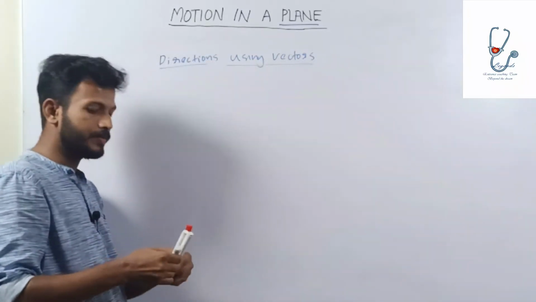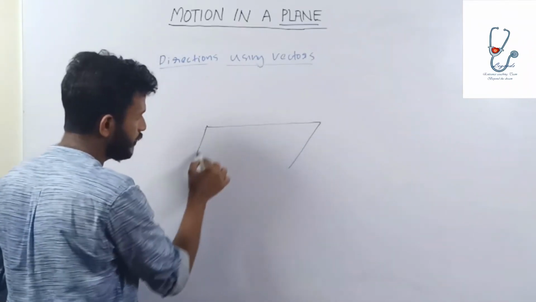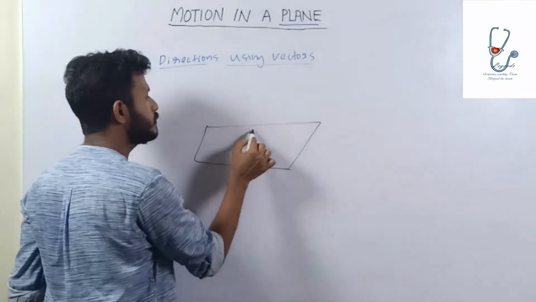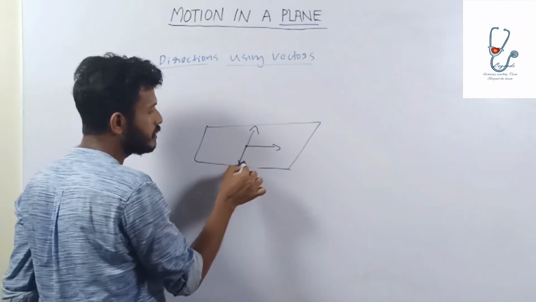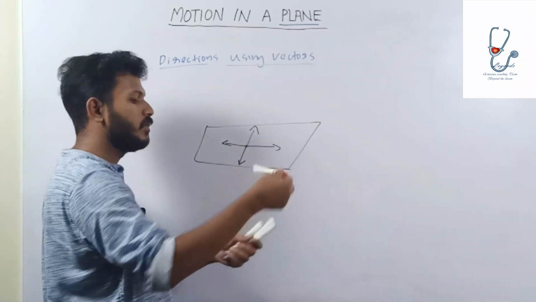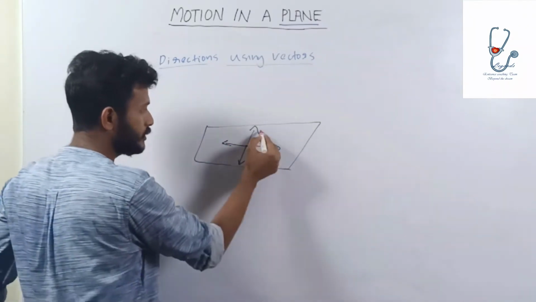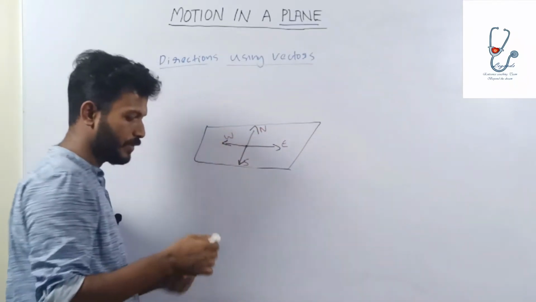Consider a plane. This is our plane, and this is north, this is east, this is south, and this is west. So there are 4 directions: north, south, east, west.